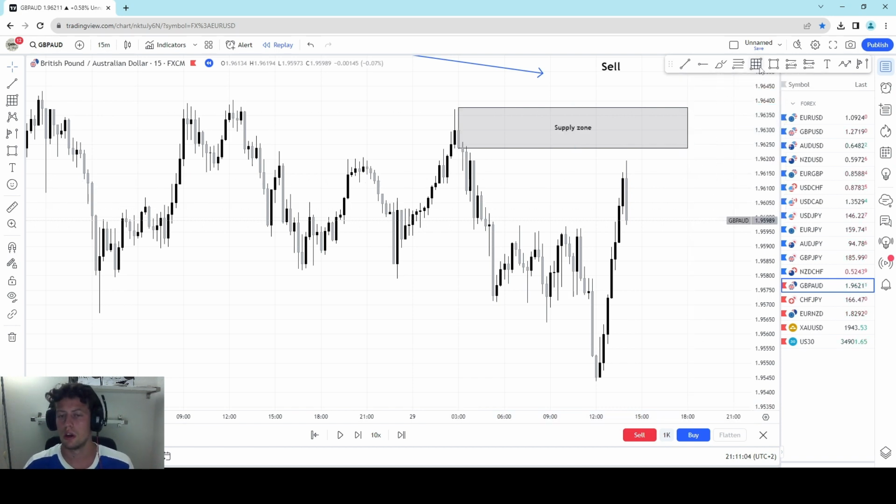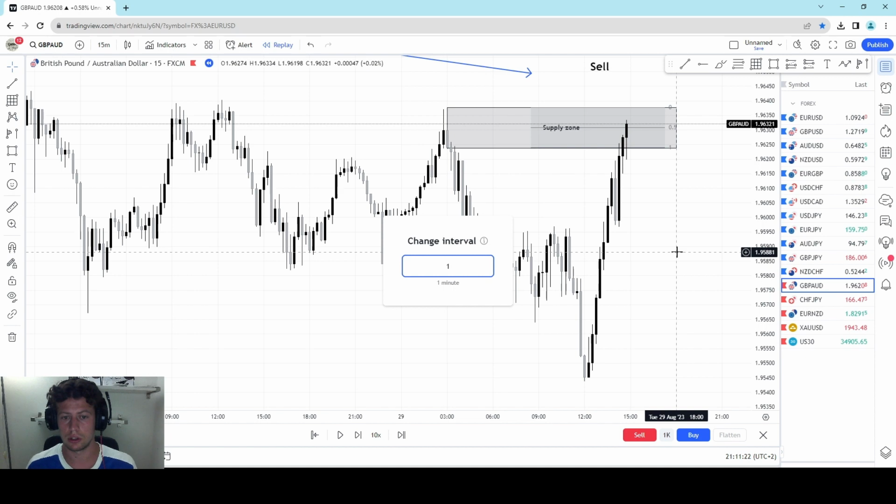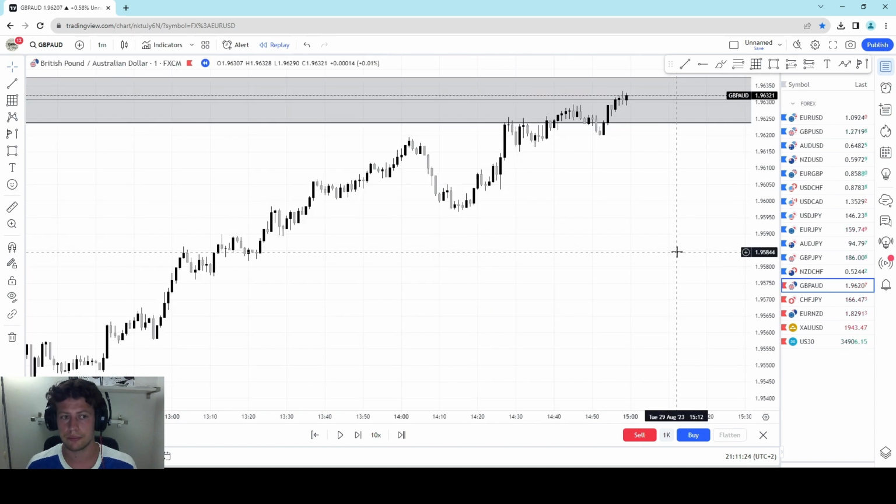Okay. I pull the GAN box. I draw it like this, and at the 50% of the supply zone I set an alert and it taps in. I am going on the 1-minute time frame.